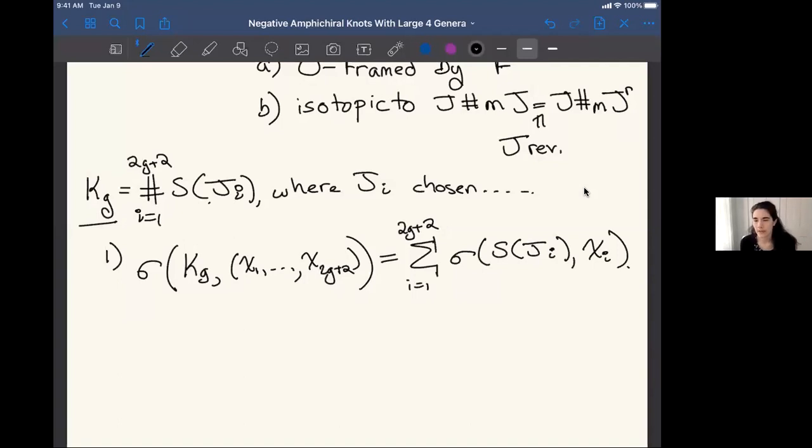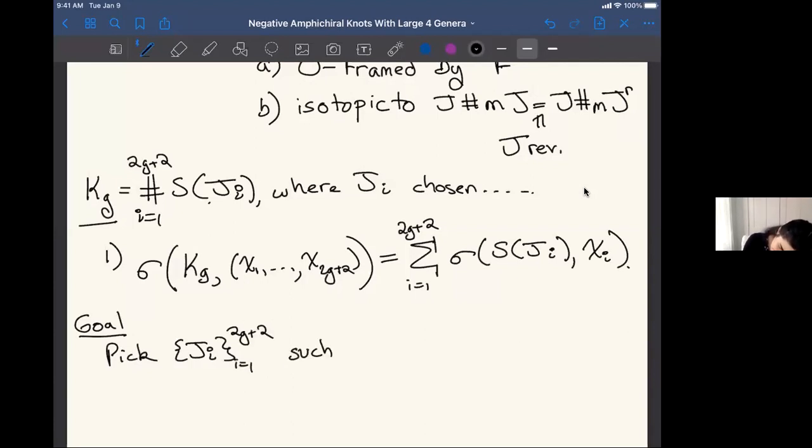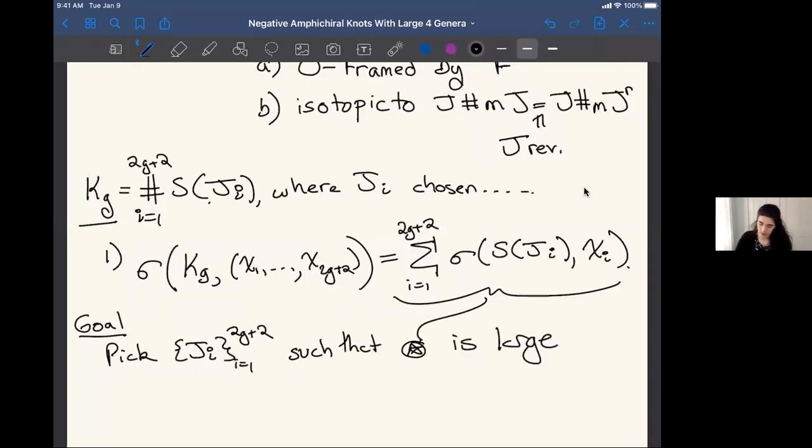So my goal is going to be to show that I can choose these knots J_i so that, in fact, for any non-trivial list of characters, this term is large relative to the genus.